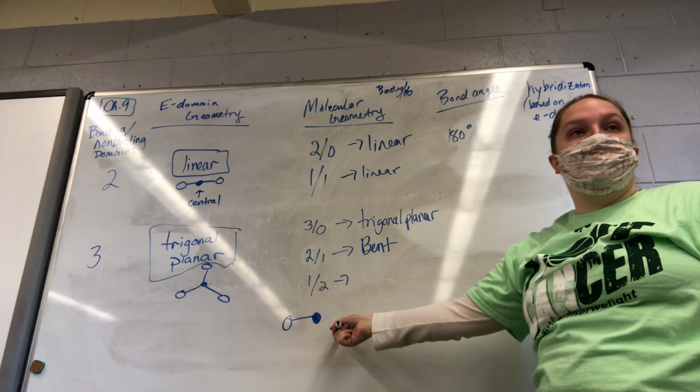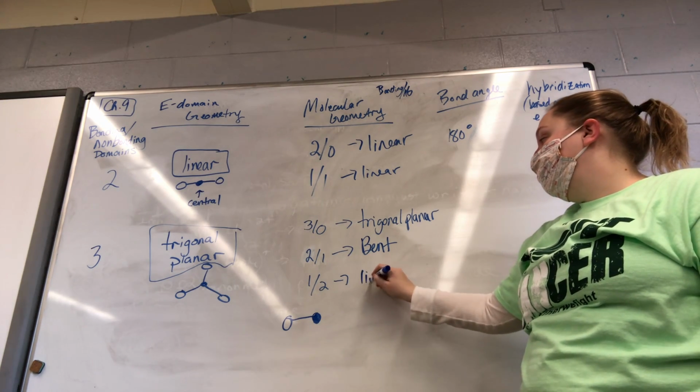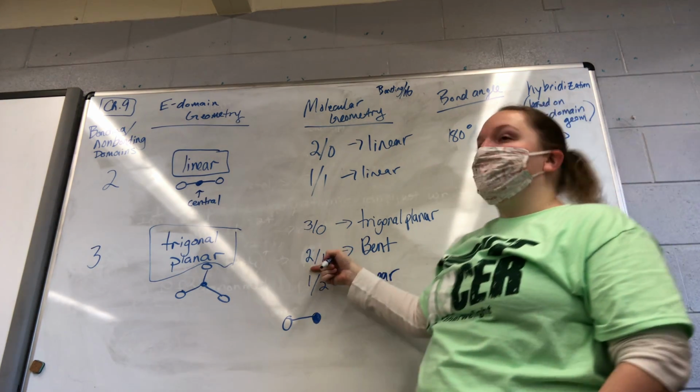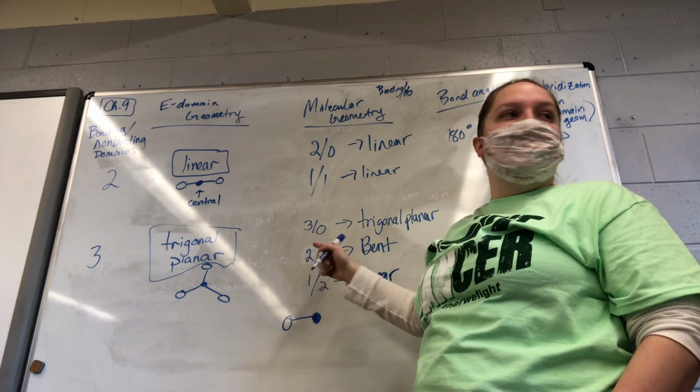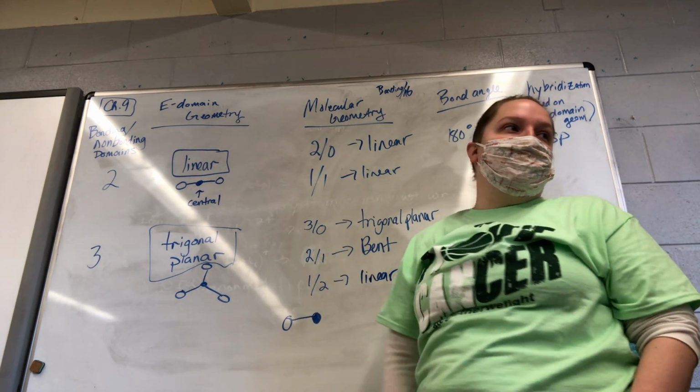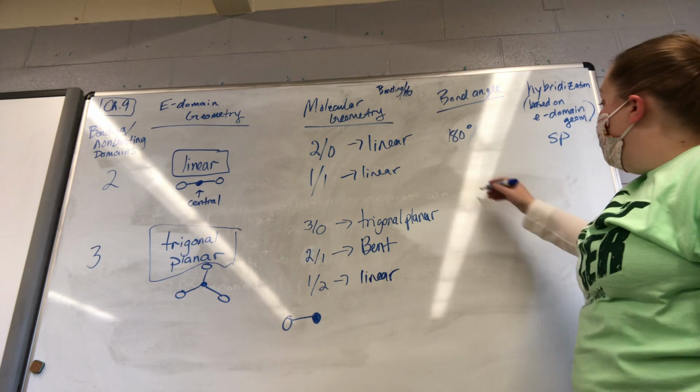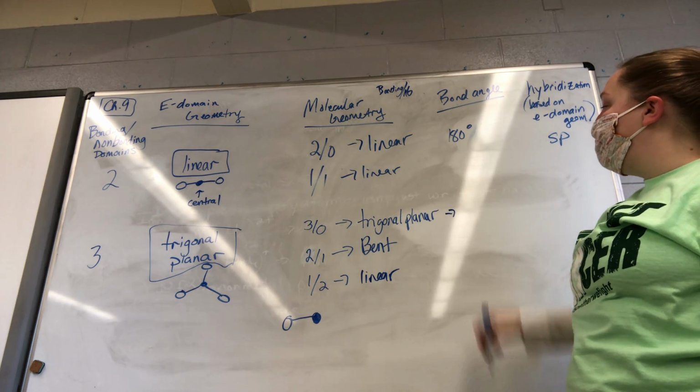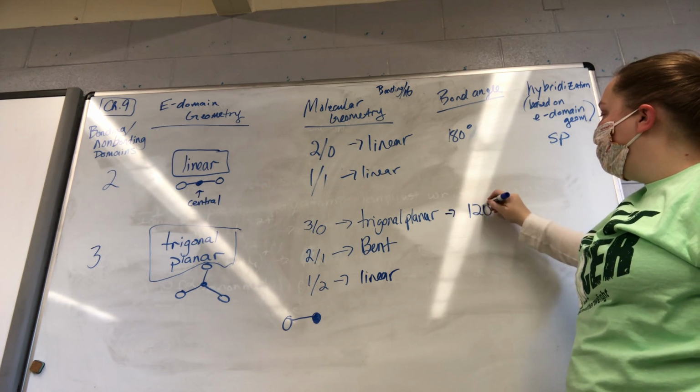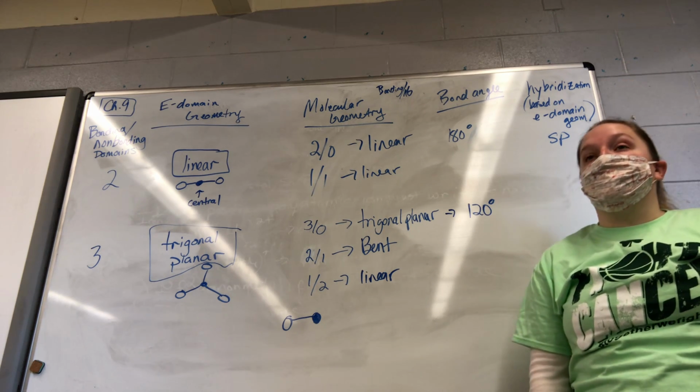What's that one? Linear. Remember, we stopped doing anything after 1 because of the fact that they're all going to be linear at some point. Okay? The bond angle for something that has 3 bonded atoms, 120 degrees.